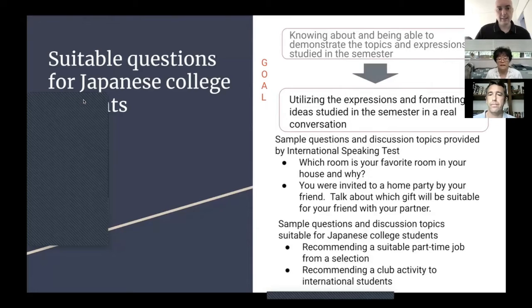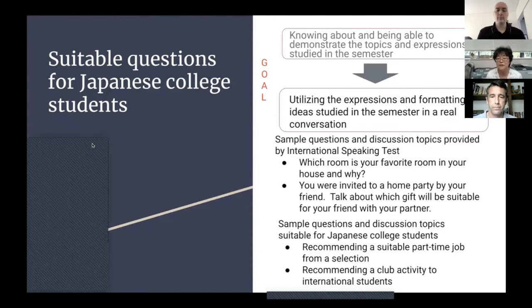And then yes, my turn. The goal of English education, encouraging students to be able to communicate in English, is not to memorize and demonstrate the topics and expressions studied in the semester. But it tends to be that way in many English conversation tests.